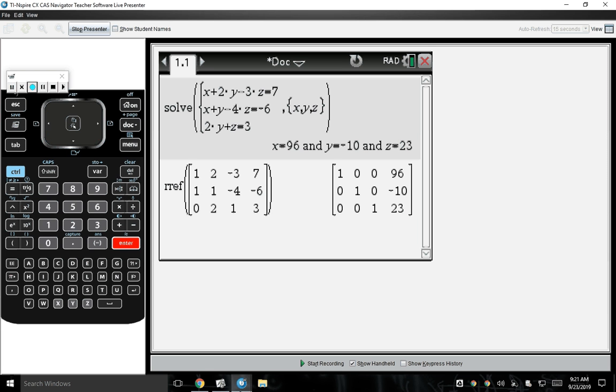And look, it does everything that we just did by hand, like that. Notice the first number is 96, that's x. The second one is y is negative 10, and last but not least, z is 23. Okay, guys, you need to press RREF. No worries.